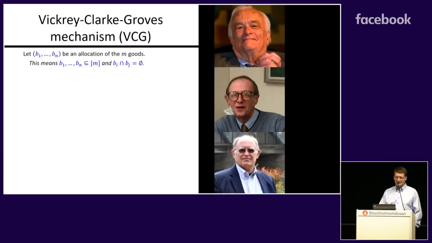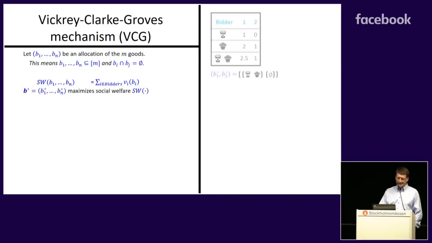This means that the bundles are all subsets of the set of goods, maybe empty subsets, and the subsets don't intersect. The social welfare is the sum of the bidders' values, where each bidder's value is the value the bidder gets for the bundle that they got, v_i(B_i). We'll call that SW for short, for social welfare. Then we'll call B star the optimal allocation, the allocation that maximizes social welfare.